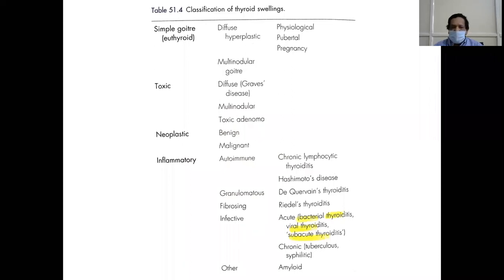And we have infective, that is acute, bacterial, viral, subacute thyroiditis. After an attack of upper respiratory tract infection, subacute thyroiditis may occur. And chronic, rarely tuberculosis and syphilis can occur in thyroid. Others causing inflammation include amyloid thyroiditis.